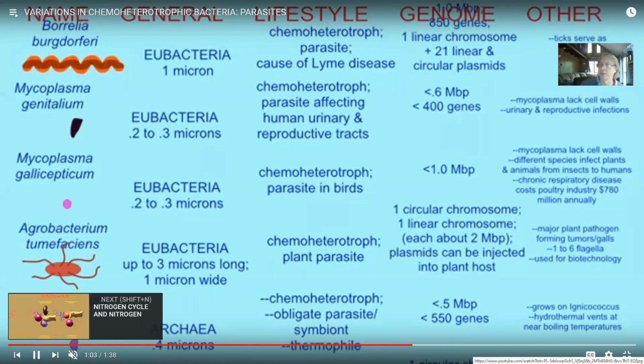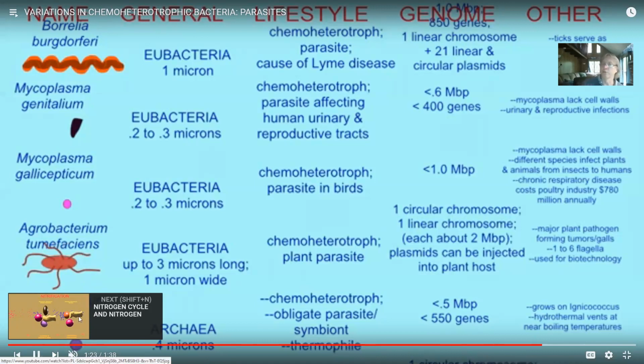And so they, just as I am a predator, all right, whether it be bananas and lettuce or pigs and chickens that I eat, I am getting my energy and carbon molecules from other things. Some bacteria are predators, getting their energy and carbon molecules from other things.